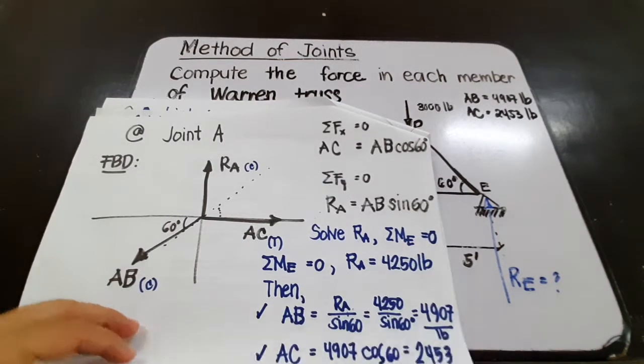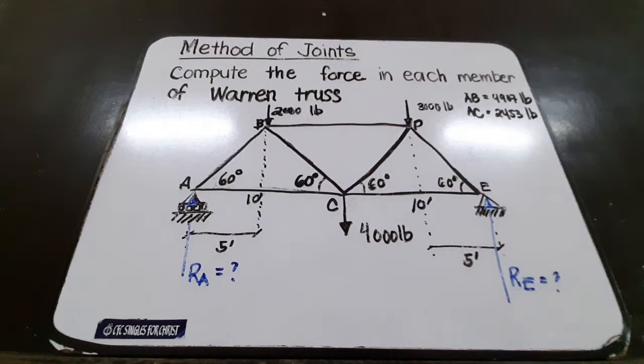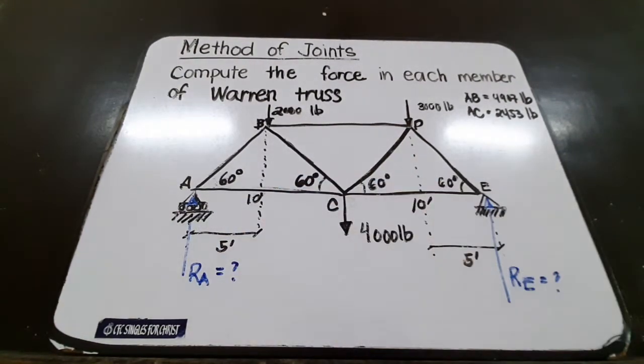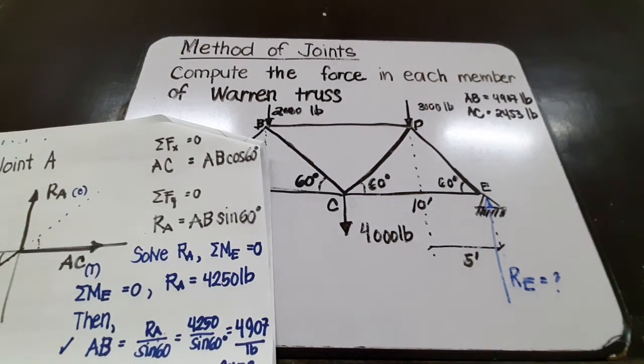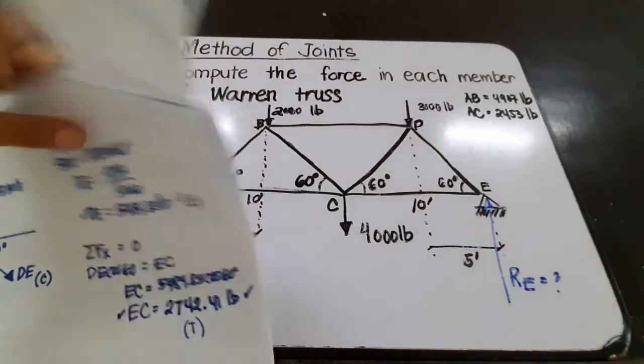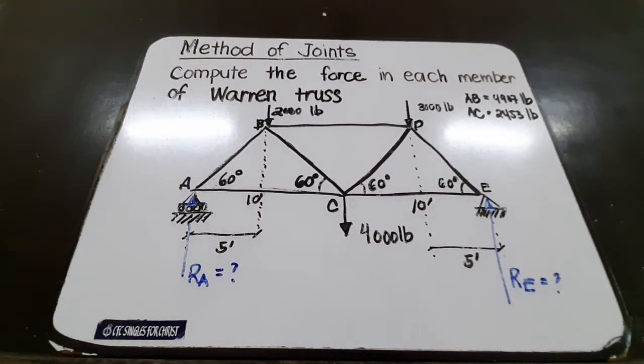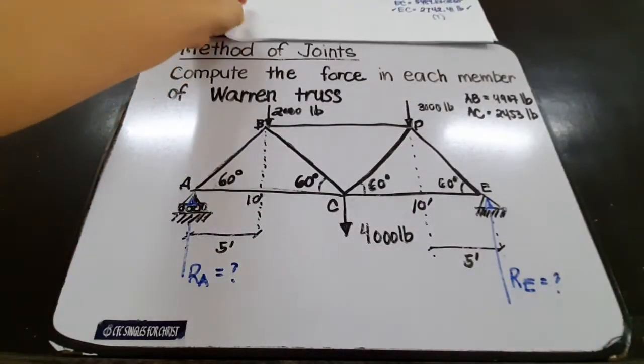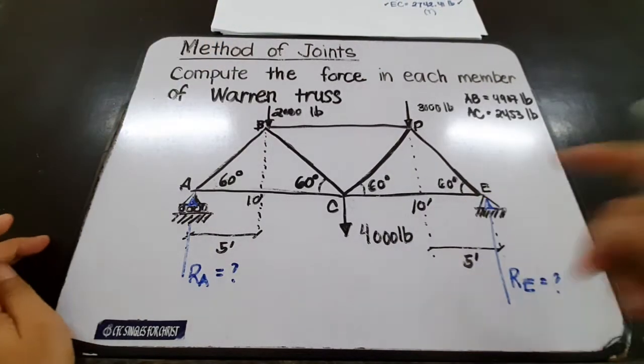Okay, the next thing is we select the next joint that we are going to focus on, so that we can solve for the forces of each member. Here we will select joint E first.